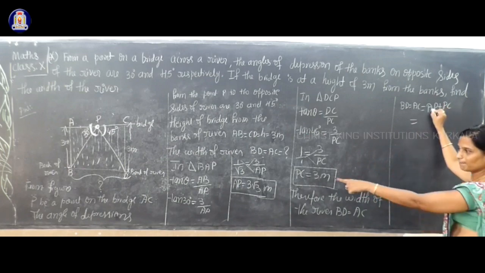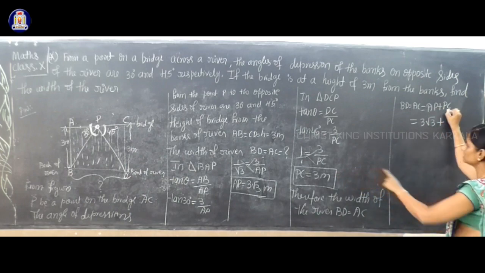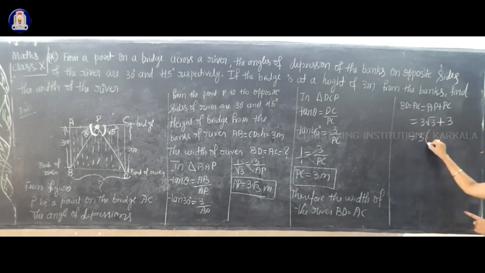So what is AP? AP is 3 root 3 plus PC, which is 3. Simplifying, 3 is common outside, so it is 3 times root 3 plus 1 meter. Is it possible to rationalize here? No. So what is the width of the river?